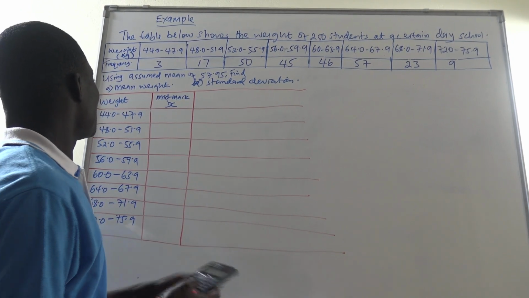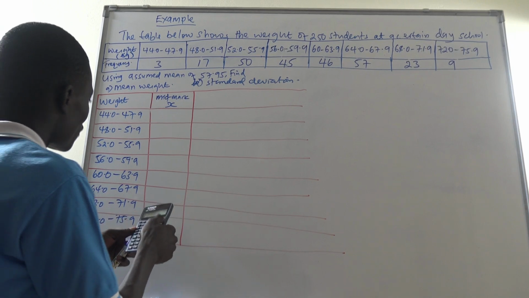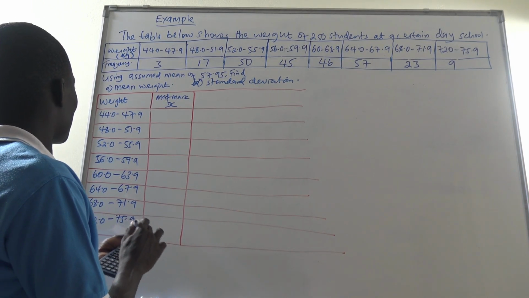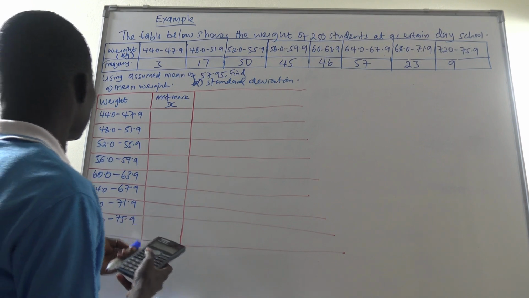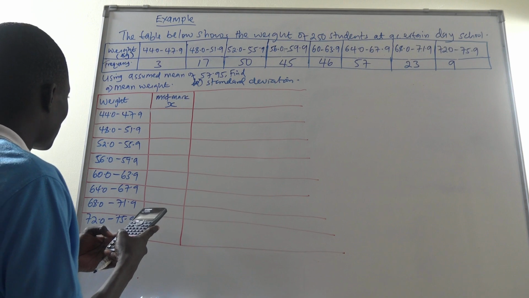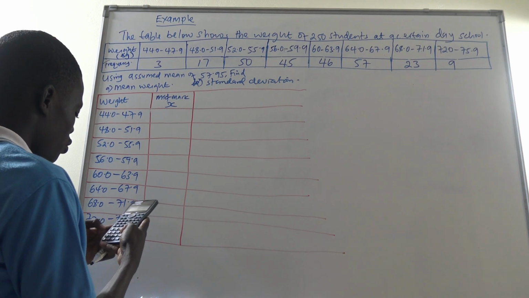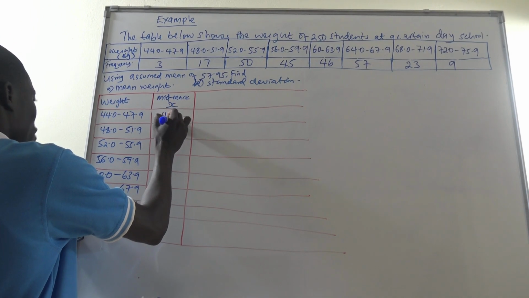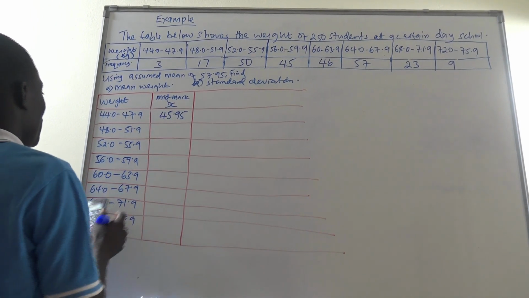So for our midmark, we are getting 47.9 plus 44.0 divided by 2, which is 45.95.